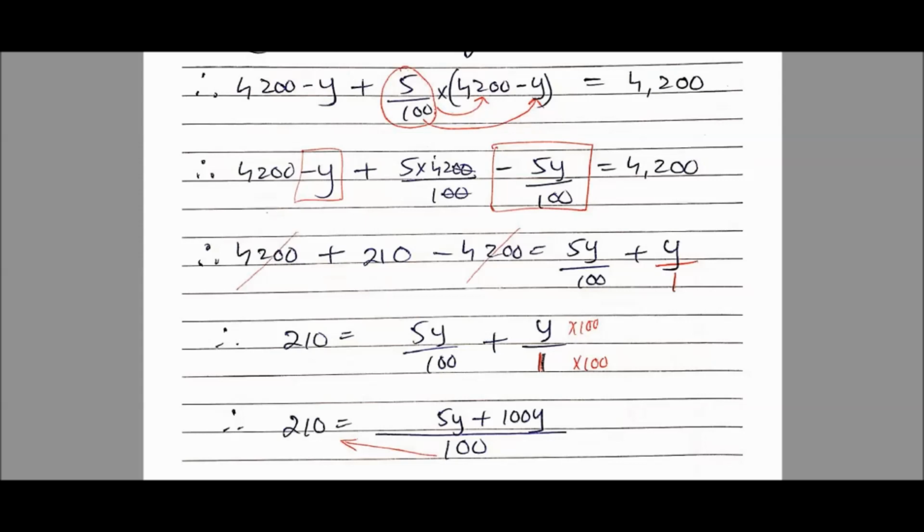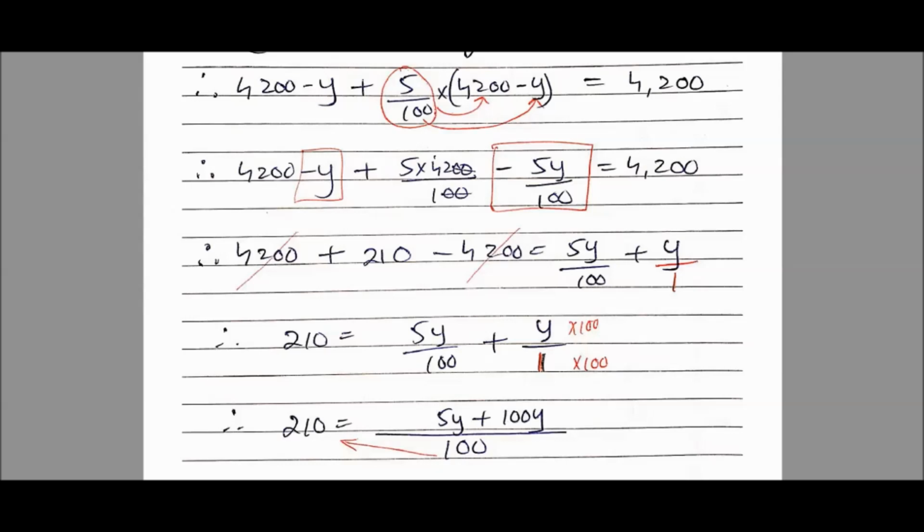So over here 4,200 minus 5Y plus 5 multiplied by 4,200 upon 100 minus 5 into Y upon 100 is equal to 4,200. Then I'll take all the Y's on the right hand side because I need to get the value of Y. So minus Y and this minus 5Y upon 100, which I highlighted with the red boxes, I'll transfer on right hand side so they both become plus.